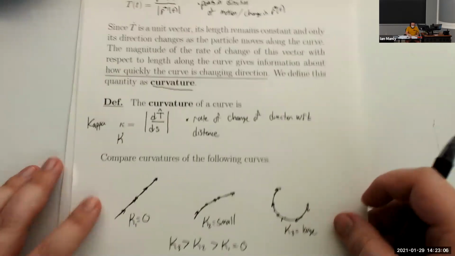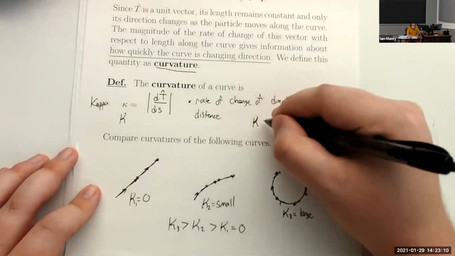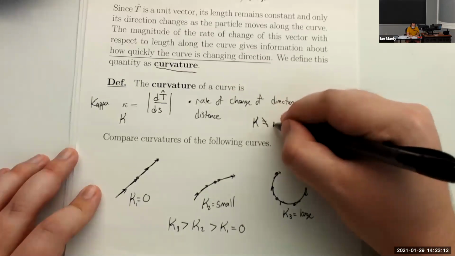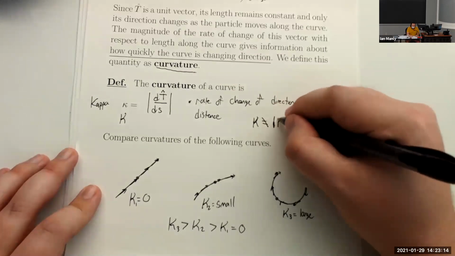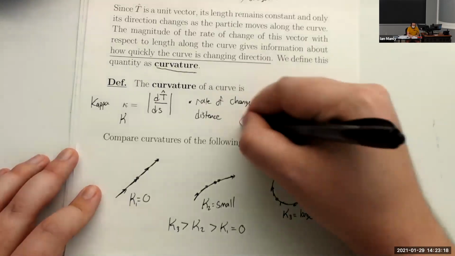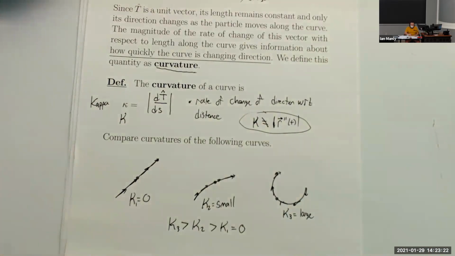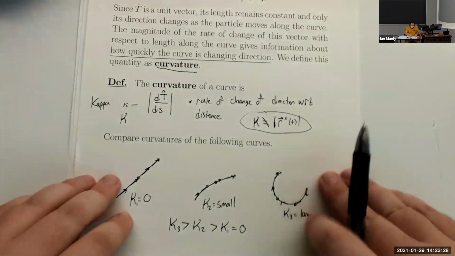Okay. Now, one thing to note, kappa is not quite the acceleration. So kappa is not equal to the magnitude of r double prime of t. So I just want to get this out of the way here. It's not exactly our second derivative from Calc 1, but it kind of plays a similar role to our derivative from Calculus 1.